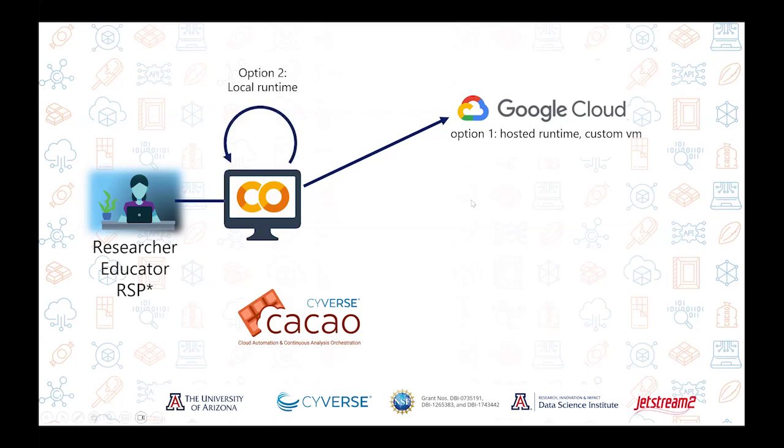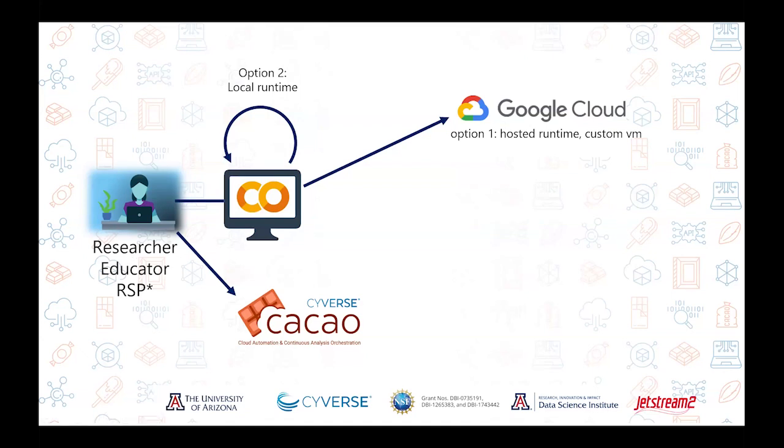Another option is launching a Jupyter runtime locally on your laptop or desktop, and you then specify what port is running that Jupyter runtime. And then another option is to use CACAO.